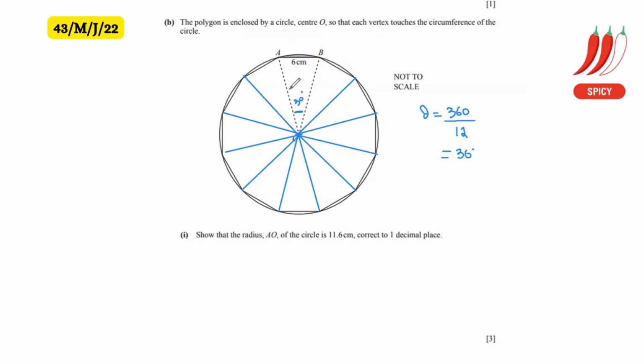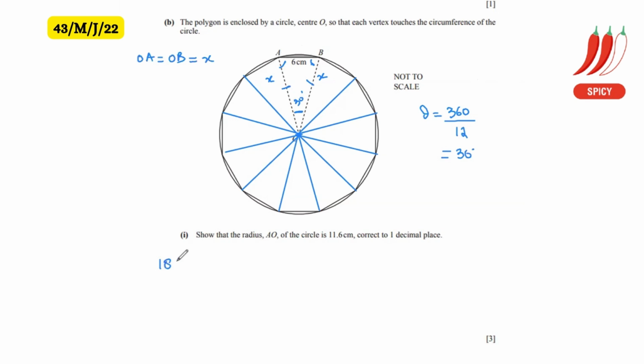Now, OA is the same as OB. Like I said, it's a regular polygon, so the distance from the center to the boundary is the same at each vertex. So it's an isosceles triangle. Let's say OA, which is equal to OB, is x. Since it's an isosceles triangle, we can easily find these two angles because they're going to be the same.